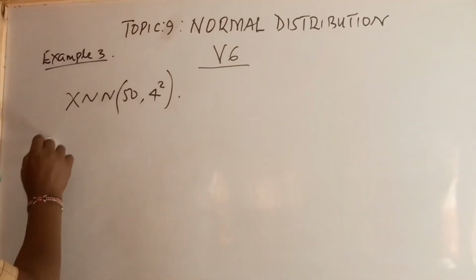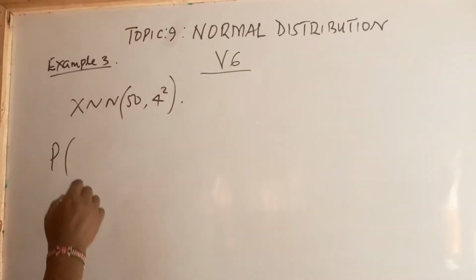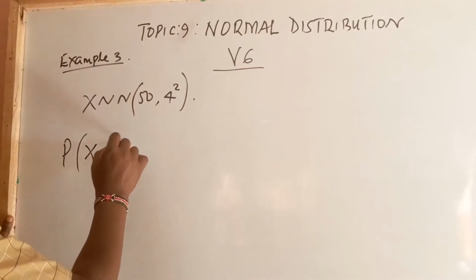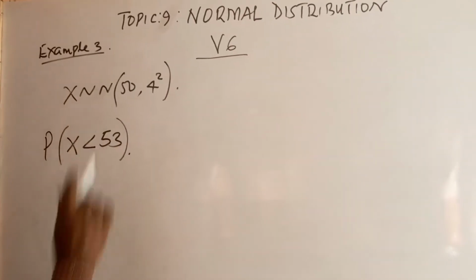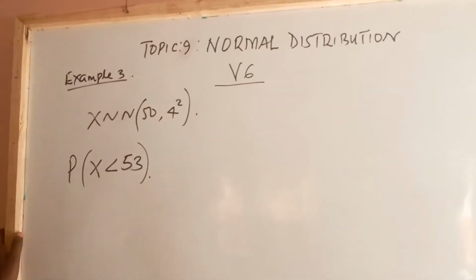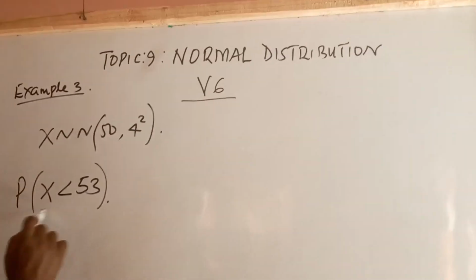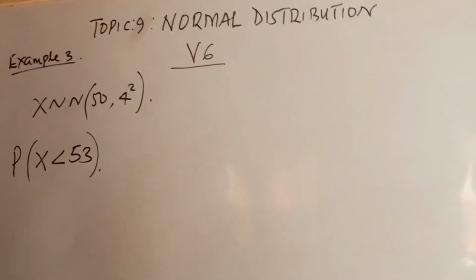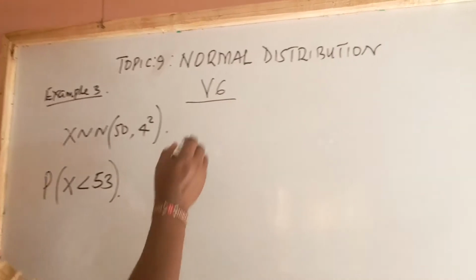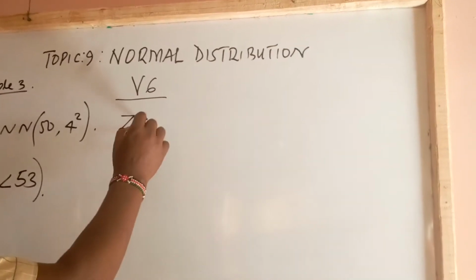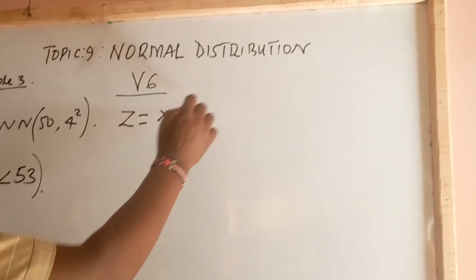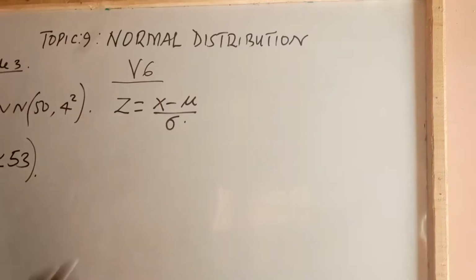Find the probability of x less than 53. Because we do not have the z here, we are asked to create the z using the formula which you've just understood. Z is equal to x minus the mean over the standard deviation.